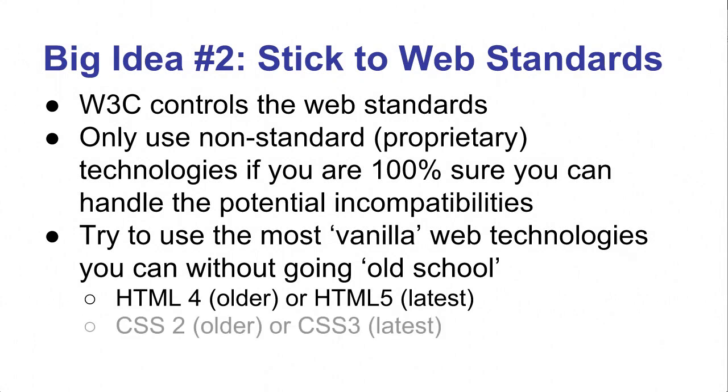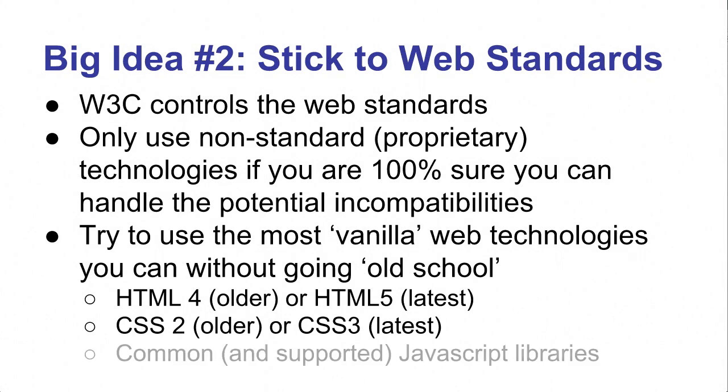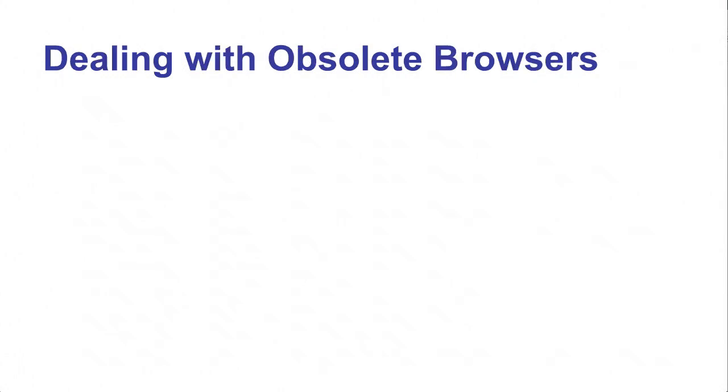Similarly, CSS2, which came out a decade ago, is being replaced with CSS3, making it much easier to develop for the mobile web. Finally, we now have commonly used and supported JavaScript libraries that fill in some of the gaps between the older browsers and the new ones.